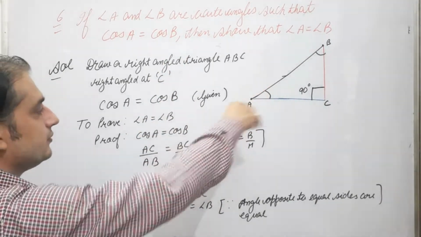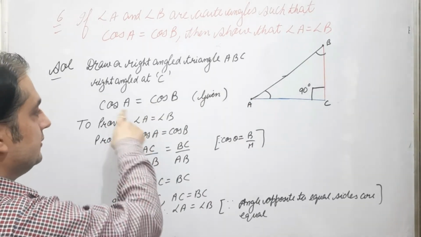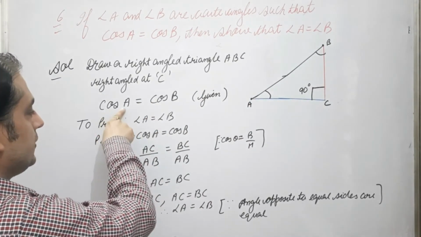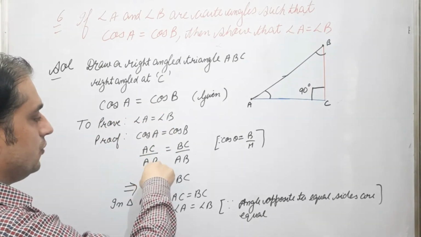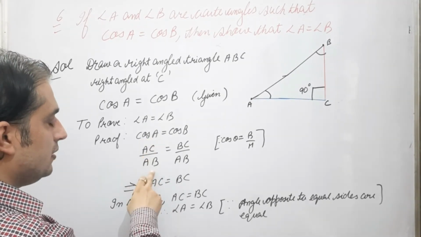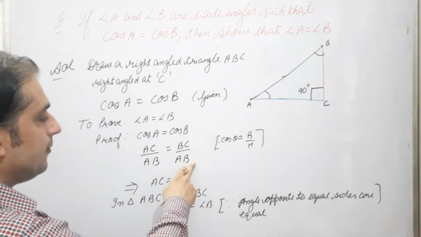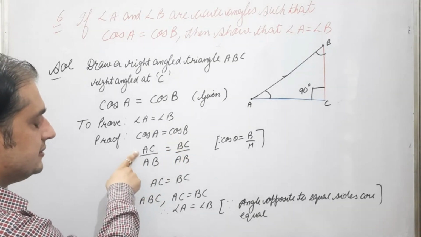First we draw a right angle triangle. Say two T ratios are equal. Just write the T ratios, cosine of angle in terms of the ratio of their sides. That is AC upon AB for angle A, base upon hypotenuse, and again base upon hypotenuse. But here the base is BC, there the base is AC.